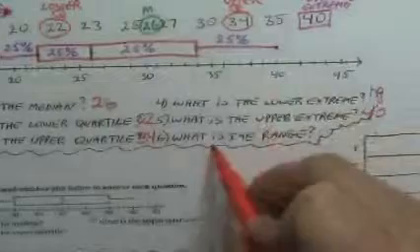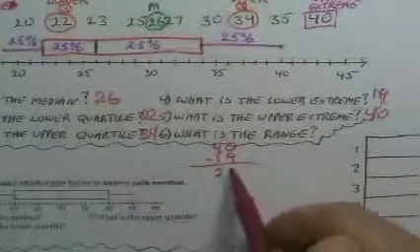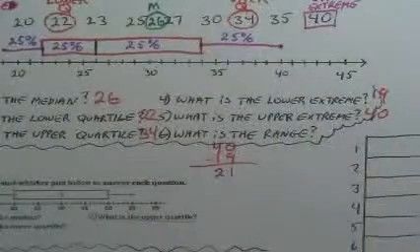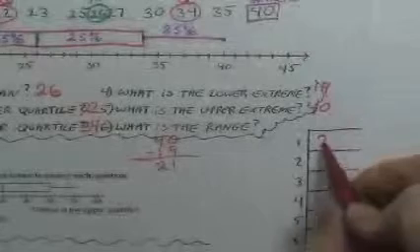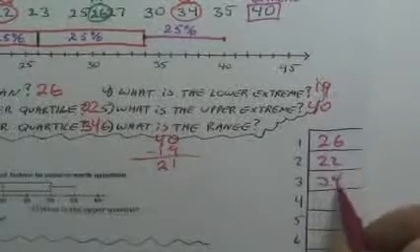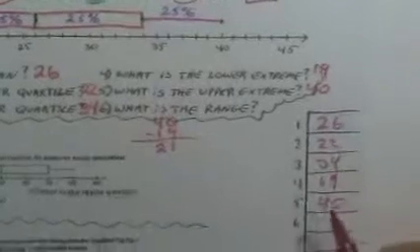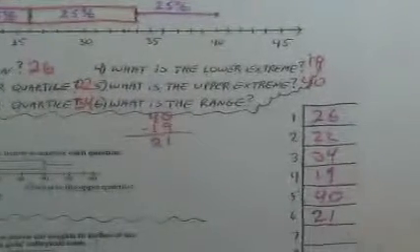The largest number is 40, and the smallest number is 19. So you take 40 minus 19. So that's 21. Now make sure you go ahead and put your answer to the side. 26, 22, 34, 19, 40, and then our range was 21.